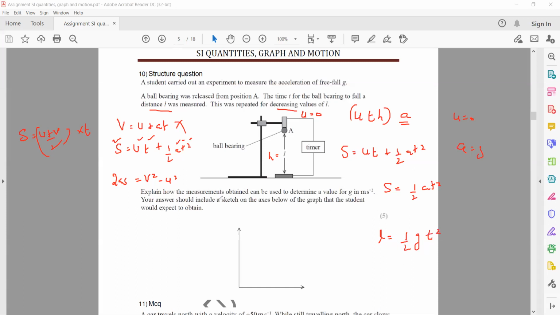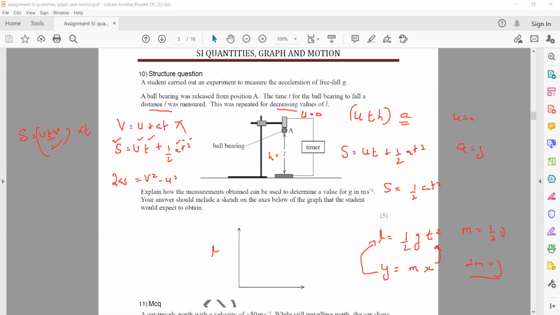So how can we find the acceleration due to gravity? We can compare with the equation of a straight line, y equals mx. On the y-axis, if we have length, on the x-axis, if we have time square, what will be our gradient? Our gradient will be 1 by 2 g, or 2 times the gradient will be equal to the gravity.